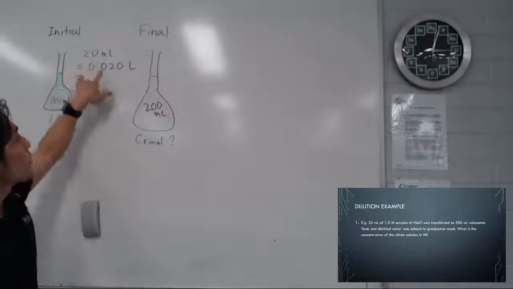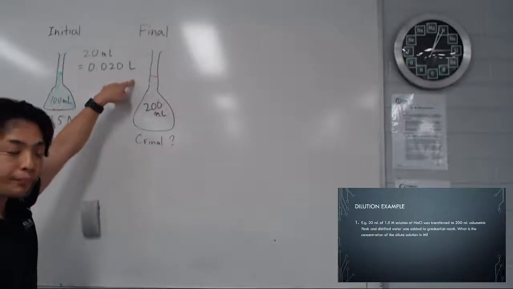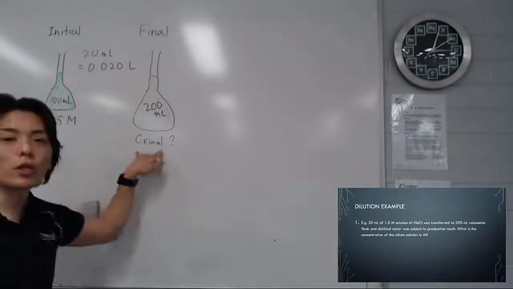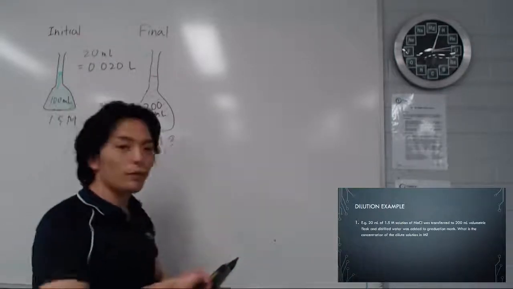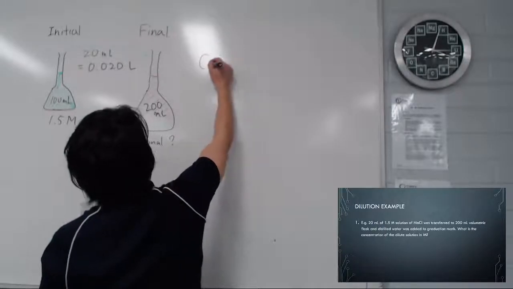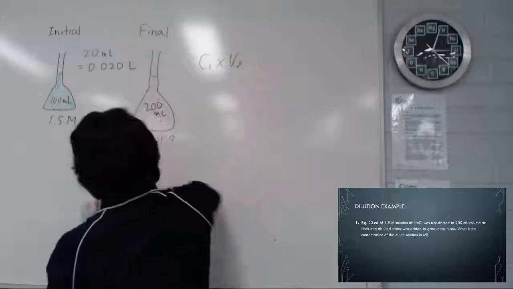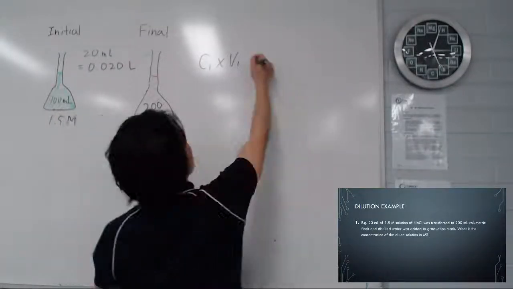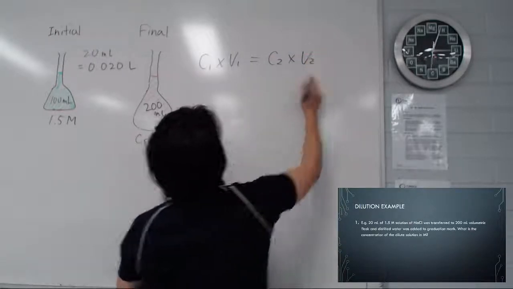The 20 mL that was transferred would be 0.020 liter, so we use that. What you're asked to find out is the concentration of the final. Let's use the formula that was introduced just then, but I'm just going to shorten it by writing C1 times V1 equals C2 times V2.